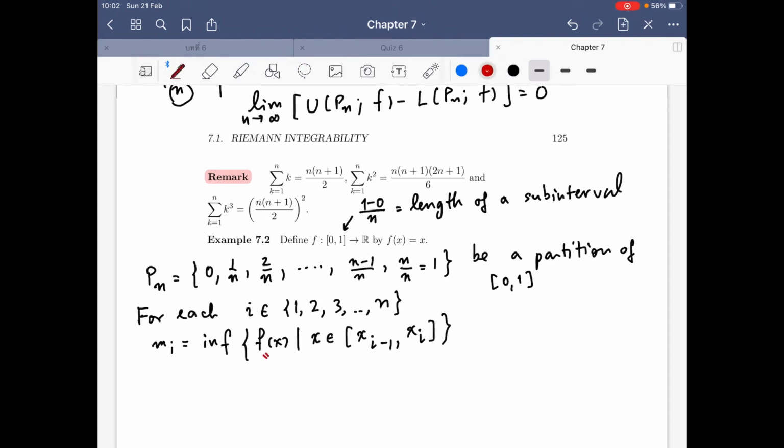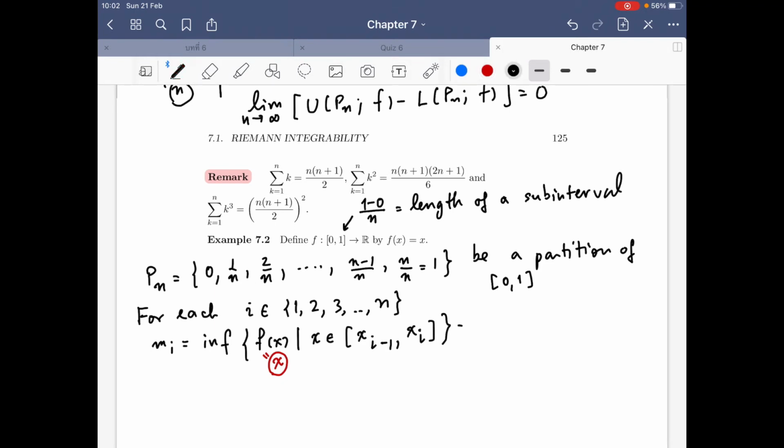However, your function f is simply x, the identity function, and it is actually increasing, so the infimum will be the left endpoint, is it? It will be the left endpoint, okay.